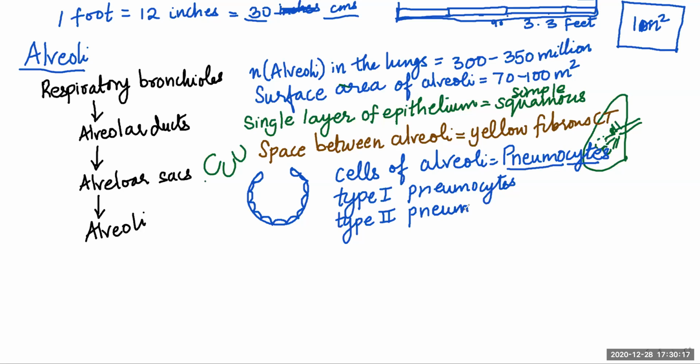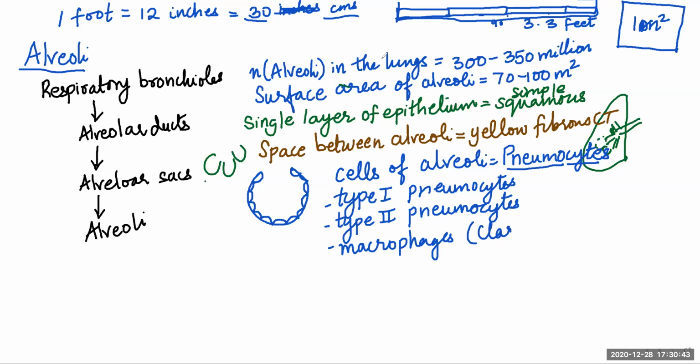Now, in the alveoli, there could be small dust particles which have not been trapped by the nose, not been trapped by the trachea. They can reach there. So they also have macrophages, the macrophages of the lungs. They actually help in eating harmful substances.